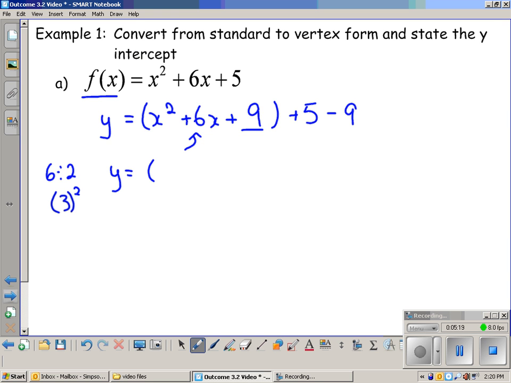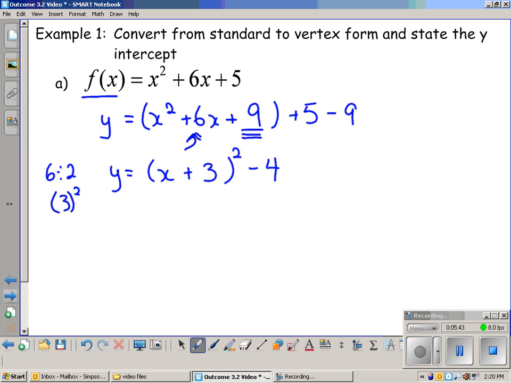Factoring our trinomial, we know that it will factor into 2 equal factors. x, the sign comes from the coefficient in front of our x, and the second term comes from the square root of 9, or 3. At the end, we have 5 take away 9, or negative 4.